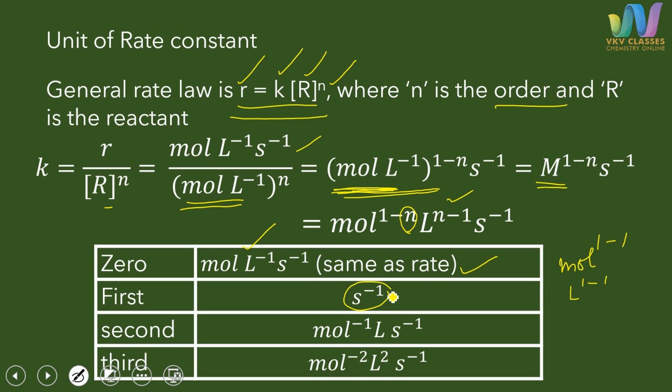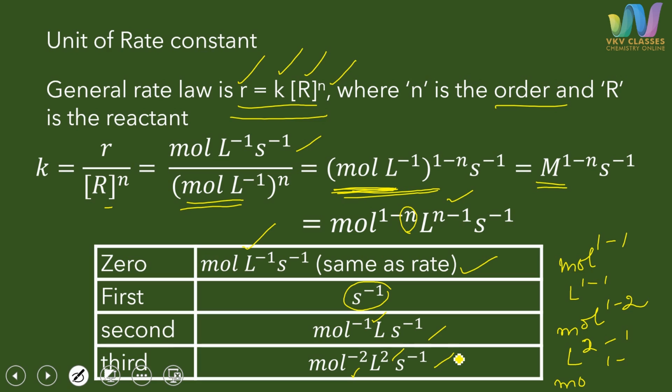Then for second order, it will be mole power 1 minus 2, that is mole power minus 1, then liter power 2 minus 1, that is liter per second. For third order, it will be mole power minus 2, liter power 2, second power minus 1.